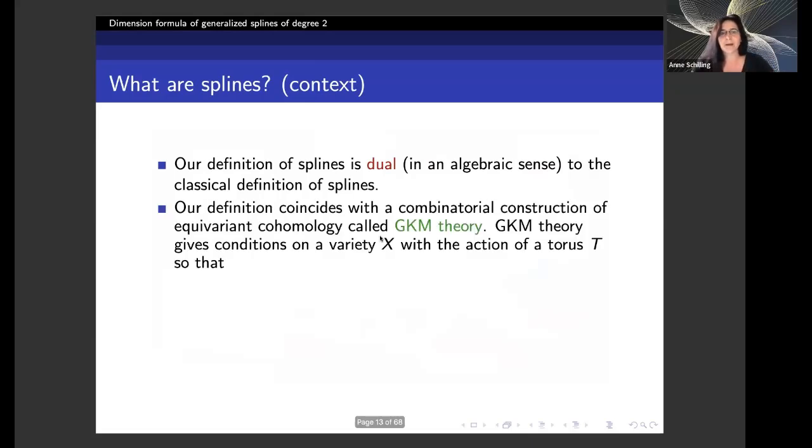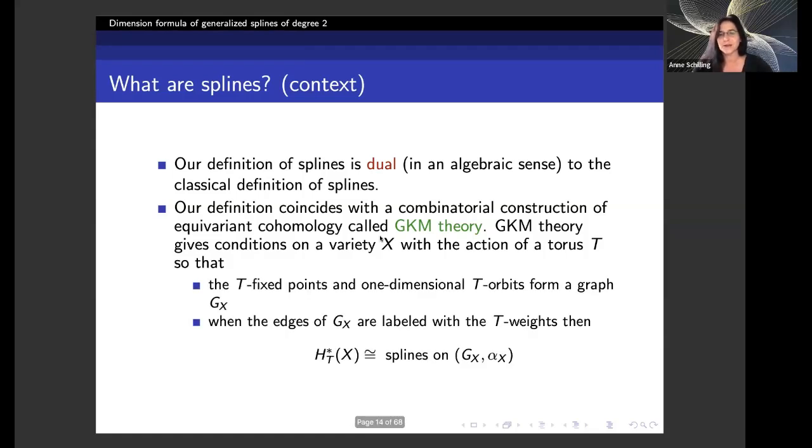The definition that we are using is more in line with GKM theory. This is a theory that comes from equivariant cohomology, so it has more of an algebraic background. For that, you usually fix a variety X with a torus action, and then the torus fixed points and the one-dimensional T-orbits form a graph.